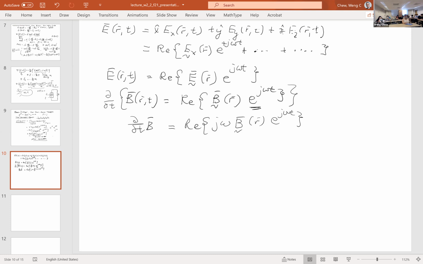The rule of thumb is that whenever we have partial t in the phasor world, or in the Fourier transform world, it just becomes j omega.